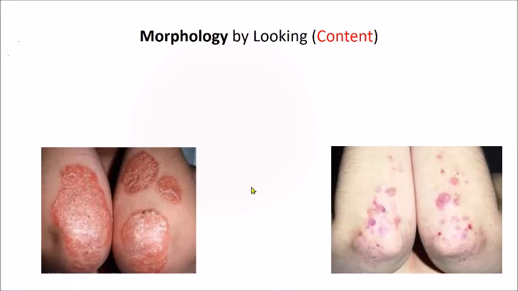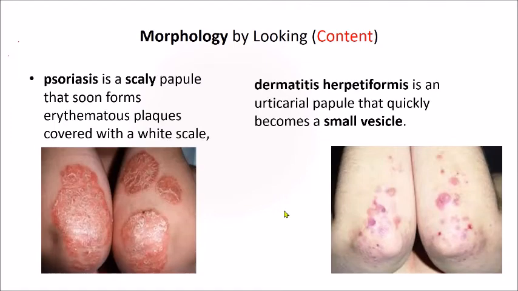I am not asking the color contrast, I am asking the content contrast. What content is differentiating here? The presence of something is there, but this is not present in this lesion. The scaly nature of the lesion. Very right. Thank you, doctor. Scaly nature. So wherever the scale is, and this is silver scale, yes, this is psoriasis and this is not psoriasis.